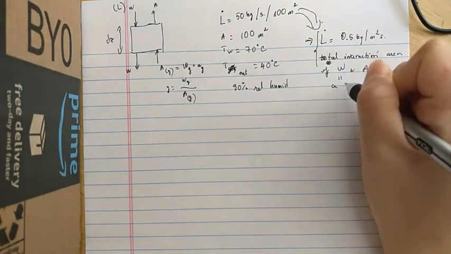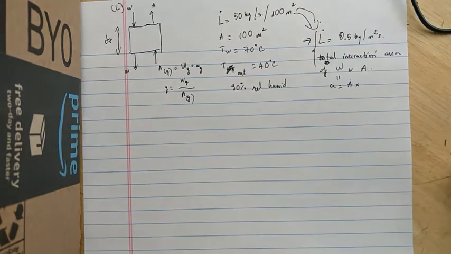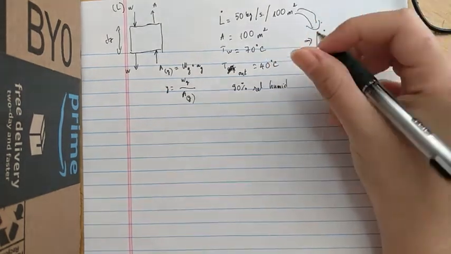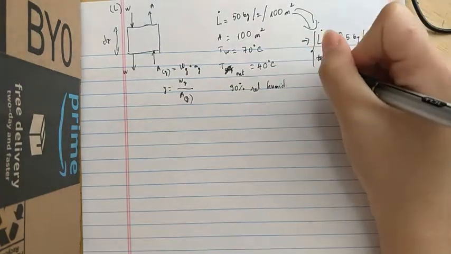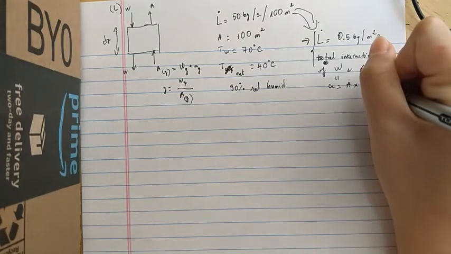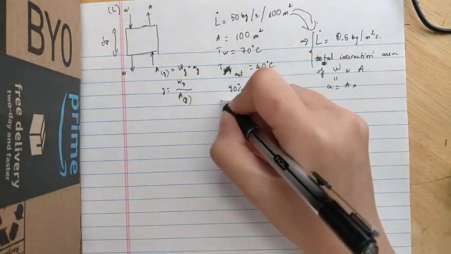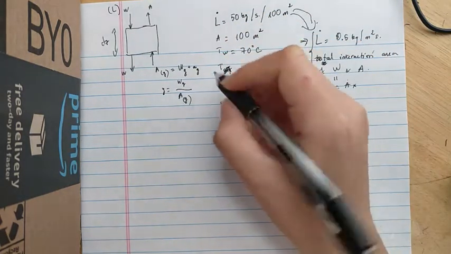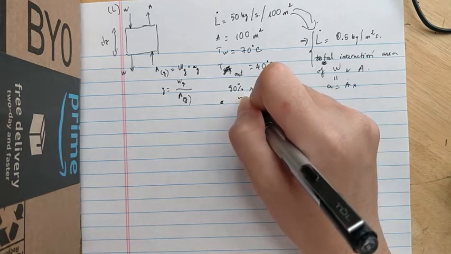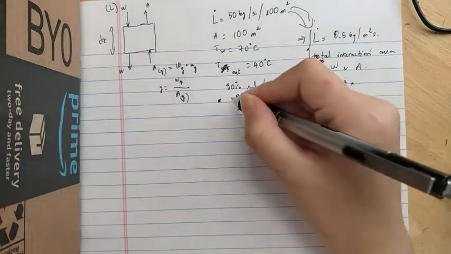This equals A times the small a, which is the cross section of 5 meters squared per meter cubed. So we have to multiply by this.